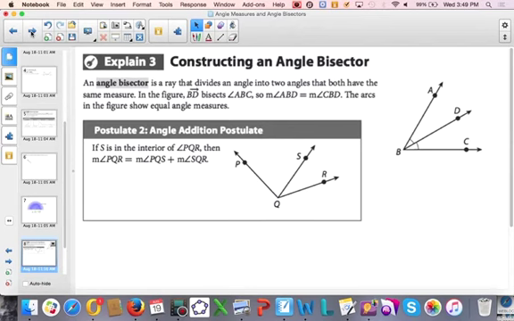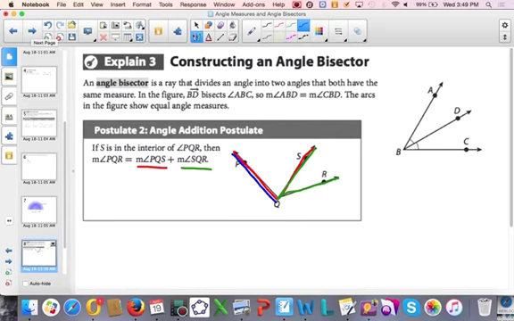Also in the last lesson, we had our first postulate, which was the segment addition postulate. Similarly, we have an angle addition postulate. And once again, it should make sense that this part, which is angle PQS, plus this remaining part, which is angle SQR, would equal the whole angle, which is angle PQR.